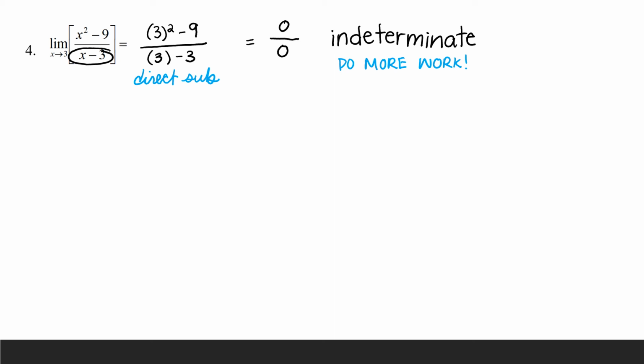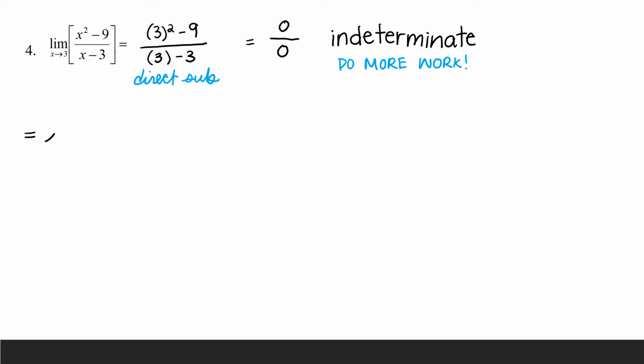But a 0 in our denominator is always going to cause trouble. So I know that in some way I want to make it so that that x minus 3 is not getting in my way. The next thing I notice is when I look at this x squared minus 9, that is a difference of squares, which is something that is usually pretty easy to factor. So I'm going to try factoring it and see if something interesting happens.